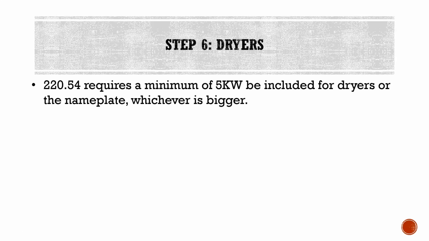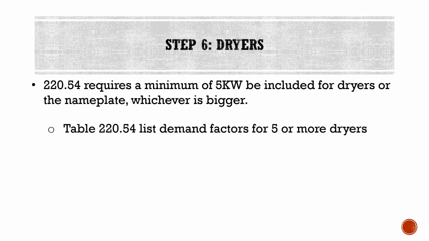220.54 requires a minimum of 5 kW be included for dryers or the nameplate, whichever is bigger. Now in our situation, we had a 4.5 or 4,500 watt dryer. Now, as we see here with 220.54, since that number is smaller than 5 kW, that means we're going to be including 5 kW for our dryer amount for step number 6.